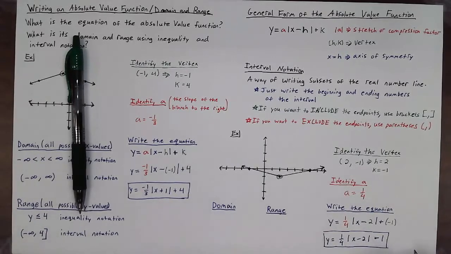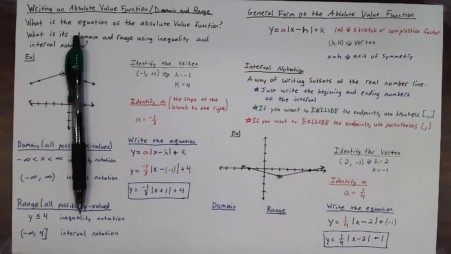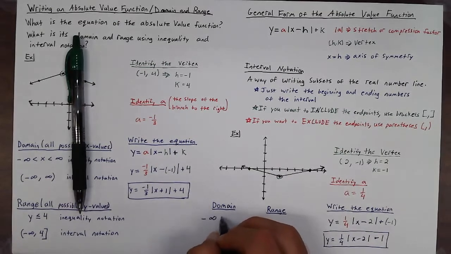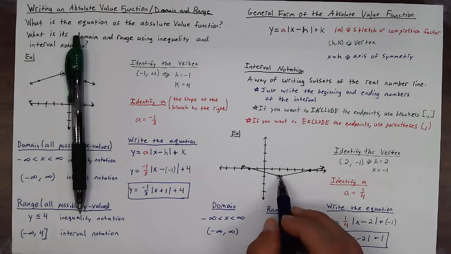Its domain, again, looks like it's going to cover every x value I could possibly imagine. So it's going to be negative infinity is less than x, which is less than positive infinity. Or in interval notation, negative infinity to infinity. The range looks like it has a low point, but it can be any number above it.